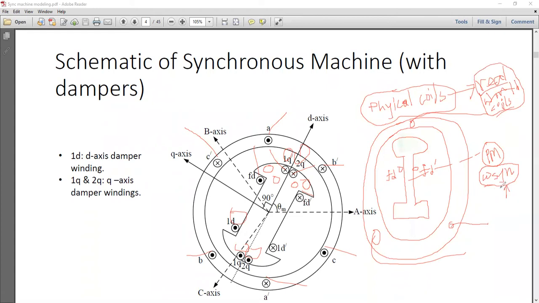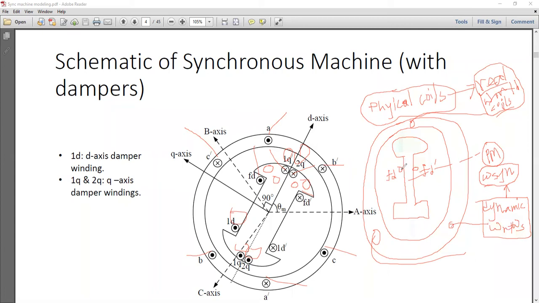Okay. But as soon as there is any dynamics, meaning the system is not moving at a steady state, meaning your omega rotor is no more equal to omega synchronous, what will happen now?